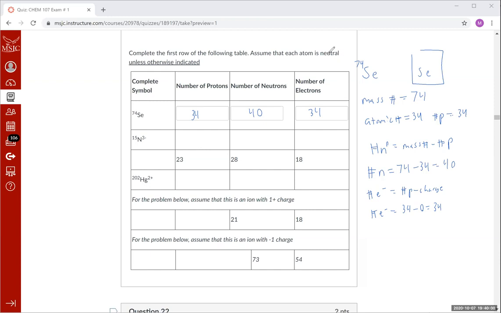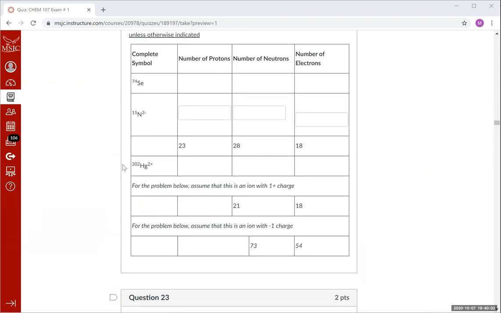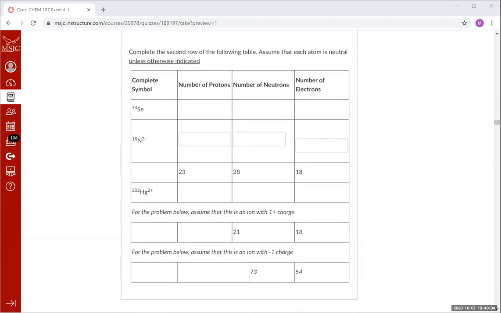Perfect. So let's look at the next portion of this isotope notation review. In this case, we're given that we have nitrogen 15, 3 minus. Looking at our periodic table, what is the atomic number of nitrogen? 7. Yep, exactly right. So for our number of protons, we'd have 7 protons.